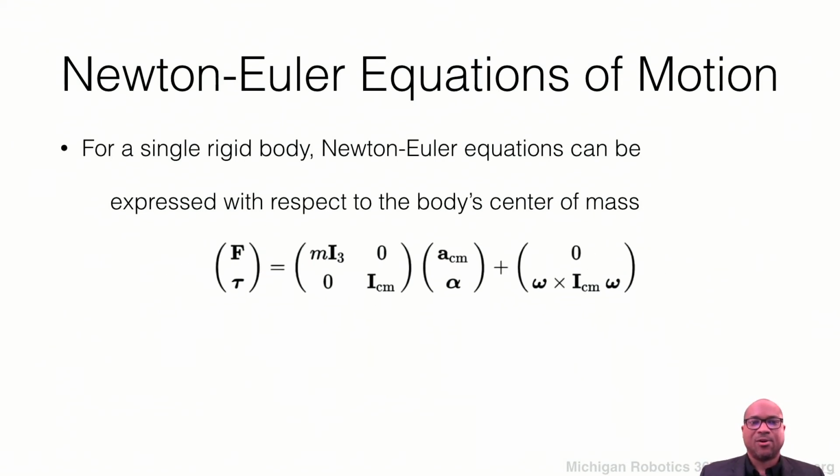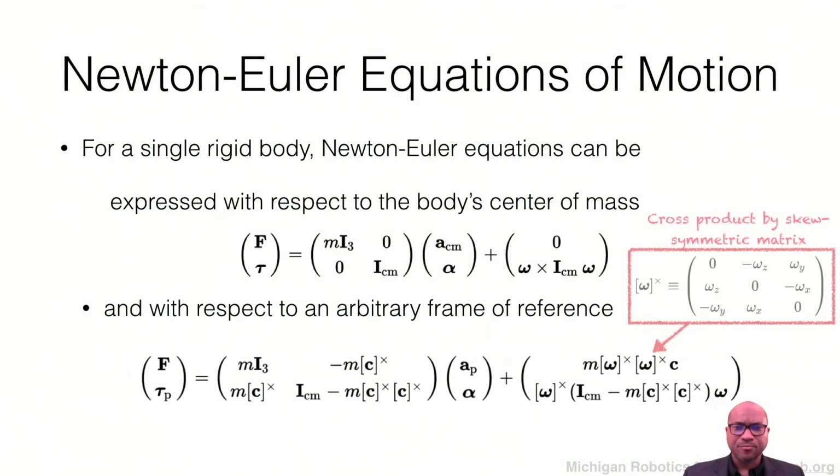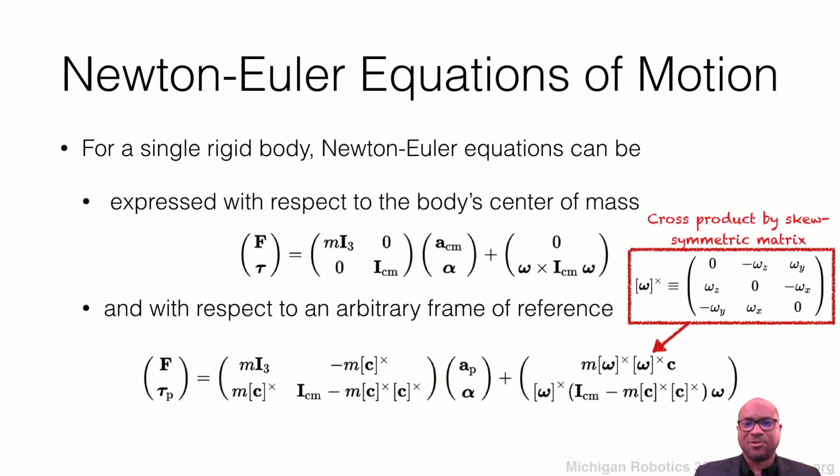But we could also express it with respect to any arbitrary coordinate frame, and this is an expression that I stole from Wikipedia. Even if you've taken linear algebra, you may not know what this operator means. That is a skew symmetric matrix, and skew symmetric matrices are very good for taking cross products, so that's why we have that there.